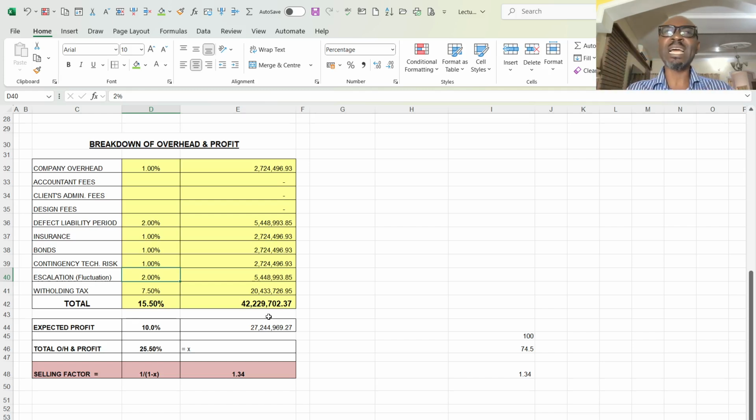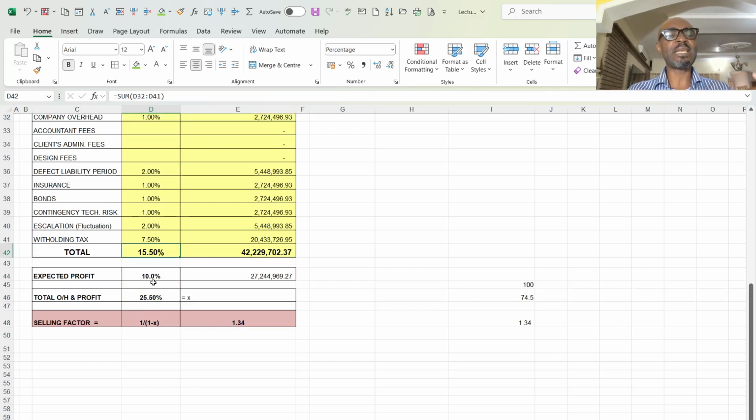Because even between the time you bid and tendered for this job and the time the job was awarded to you, there could have been some changes in market prices. So you have the 2%. Then withholding tax, which is a statutory tax that your client has to pay, you have to make provision for it. So by the time you sum up all of these percentages, you now have 15.5.